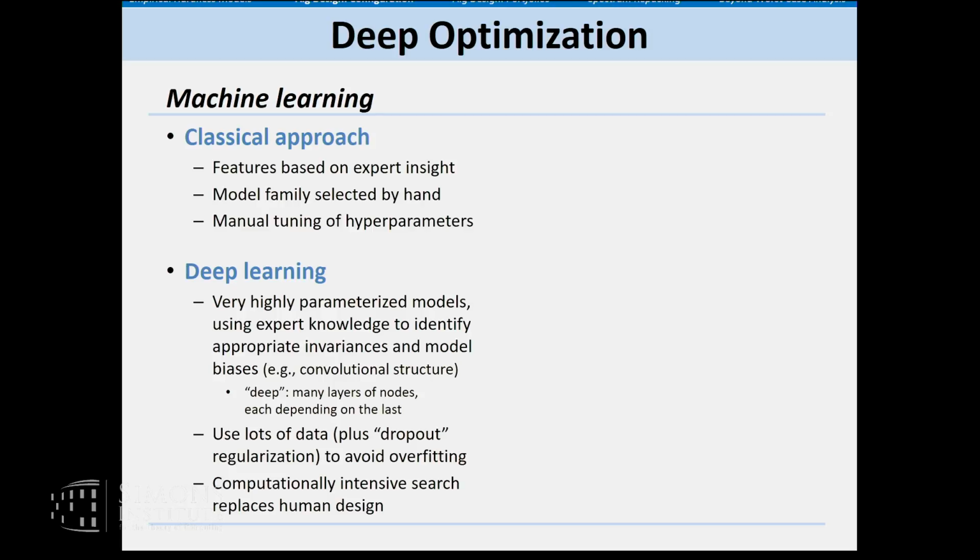They're deep in the sense of having many layers of parameters that depend on previous parameters. We can survive having lots of data as long as we regularize appropriately. And then we can just search this crazy thing using all of these transistors that are now at our disposal. We can spend days and days running on clusters of GPUs, and we can actually fit models. And there's a little bit of nice theory that's happened in deep learning, but I think even the people working in this area will argue that this is mostly a story about computational power.